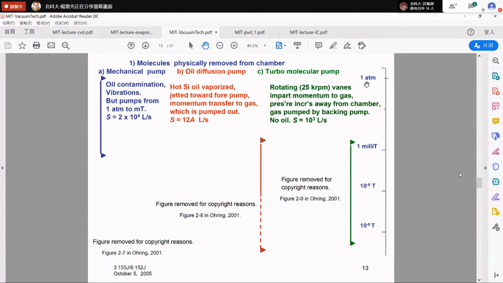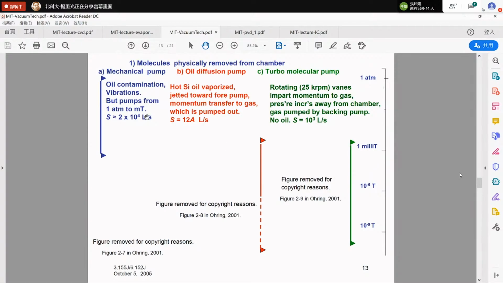From 1 atm down to 1 millitorr, which is a 10 centimeter mean free path, and going further, 10 to the minus 6 torr, which gives you 100 meters.